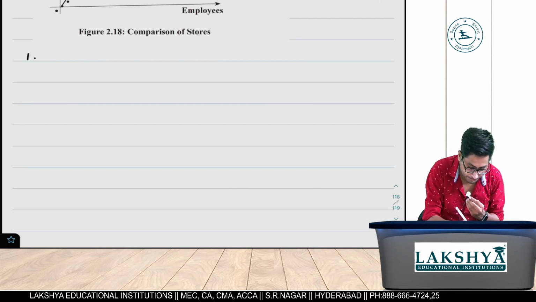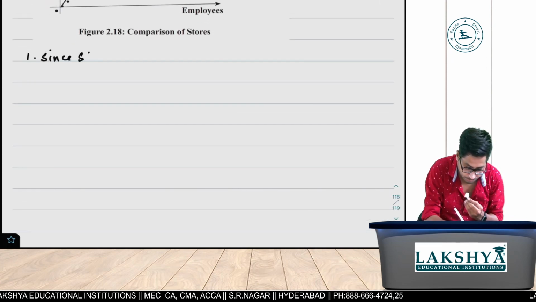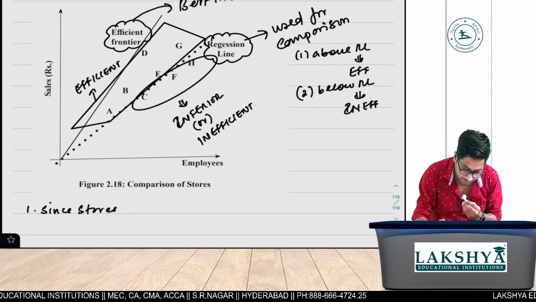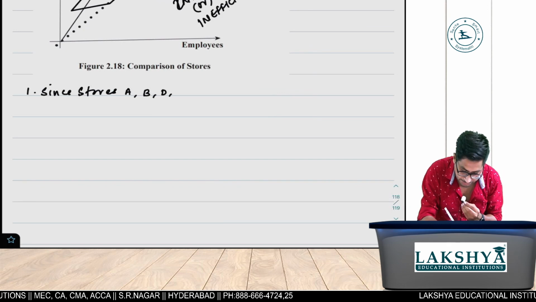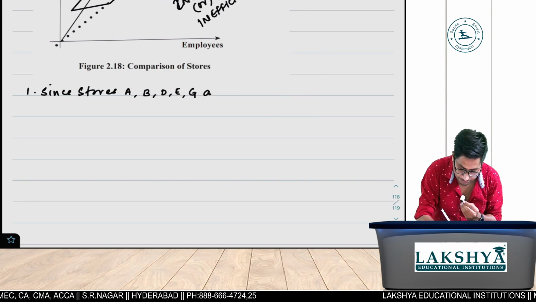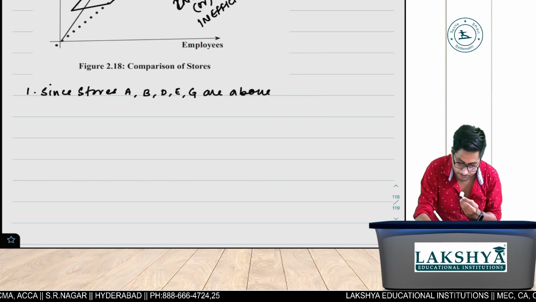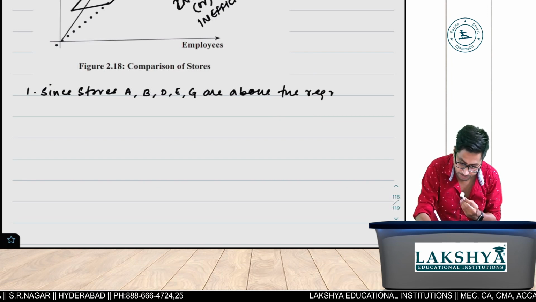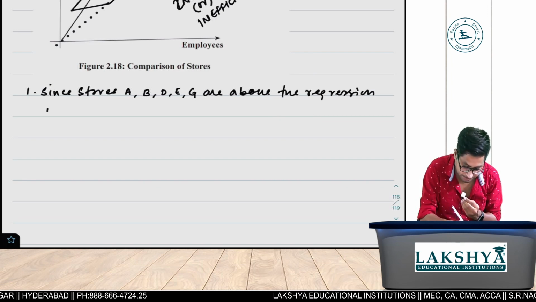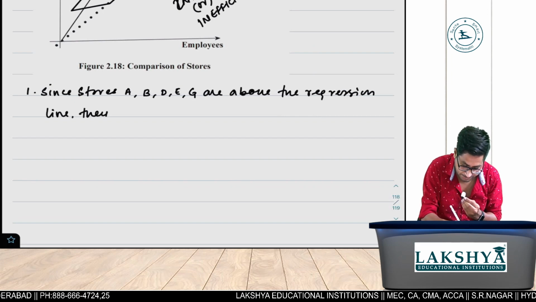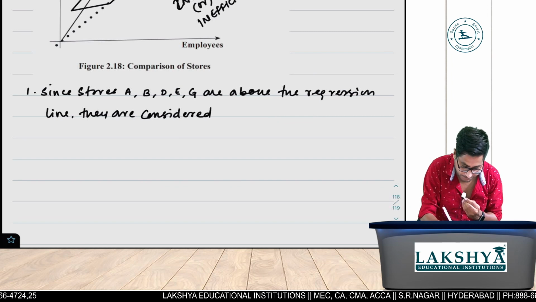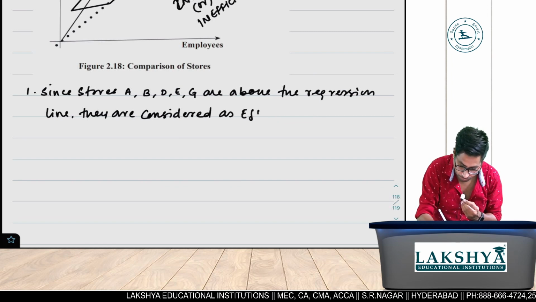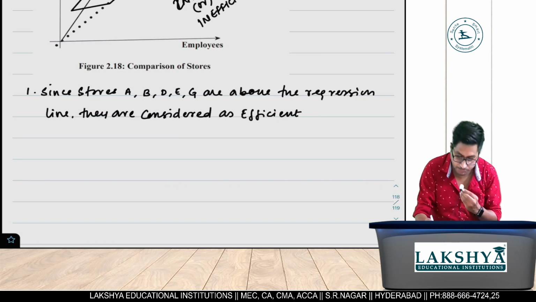Clear? Now see here. Point number 1. Since stores A, B, D, E, G are above the regression line, they are considered as efficient. They are considered as what? Efficient.